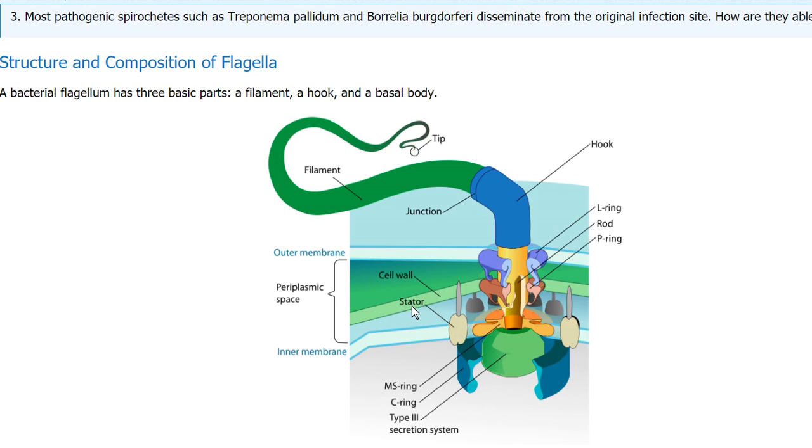This stator is made up of MotA and MotB proteins. So this is all about prokaryotic cell structure: the flagella of prokaryotes, the cell wall structure, the cell membrane, and the difference between gram-positive and gram-negative bacteria.